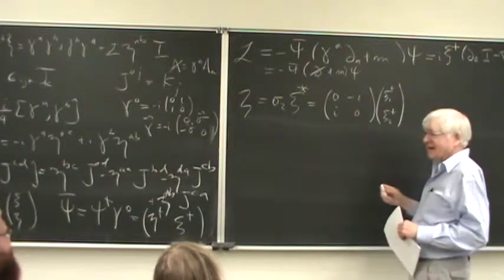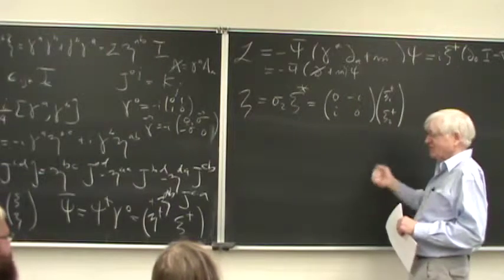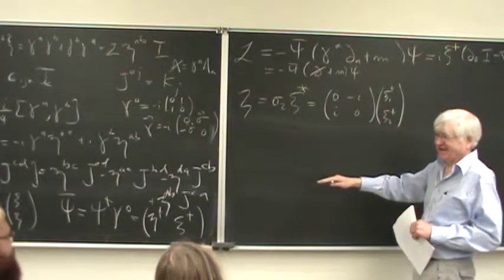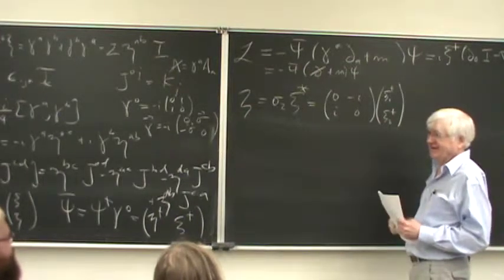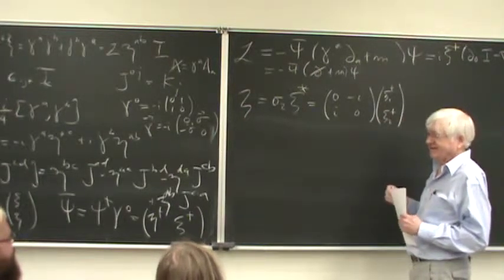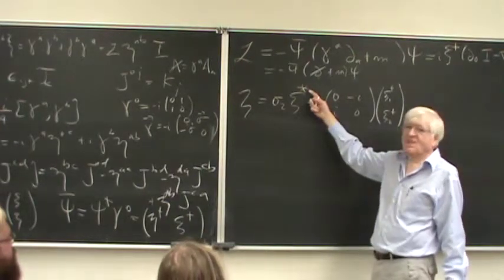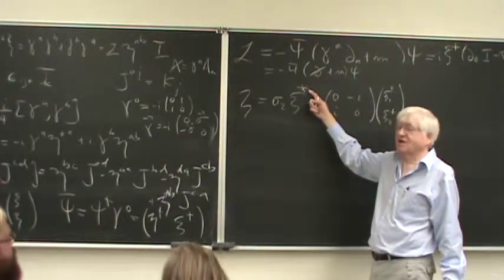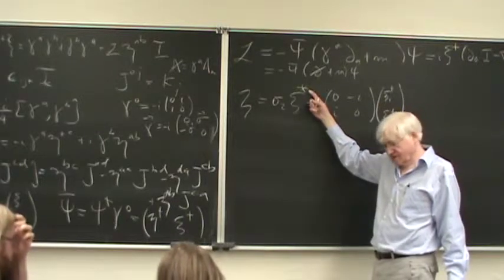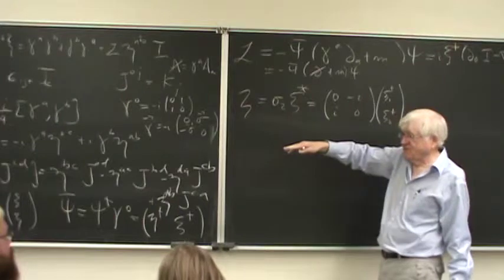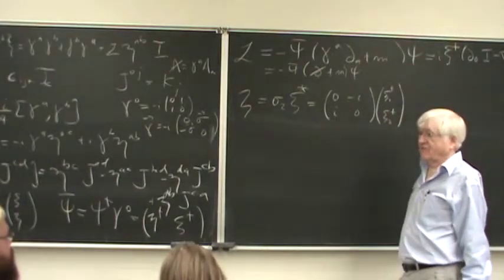I'm using dagger for when you plunge in the dagger, the thing falls over and lies on its side. But then what does it mean to take the dagger of a complex number? It's just C star. So the star complex conjugates numbers, and conjugates operators, but doesn't transpose anything.